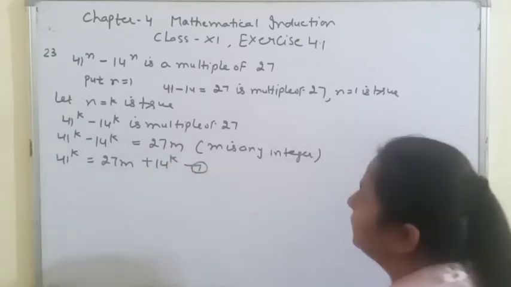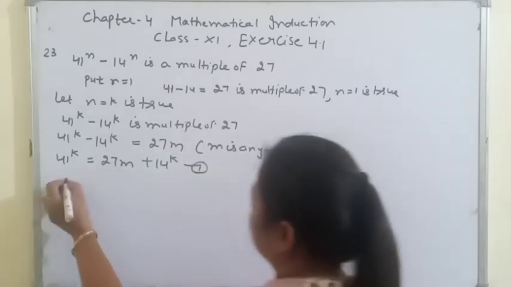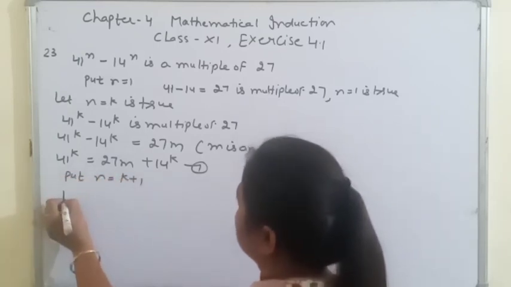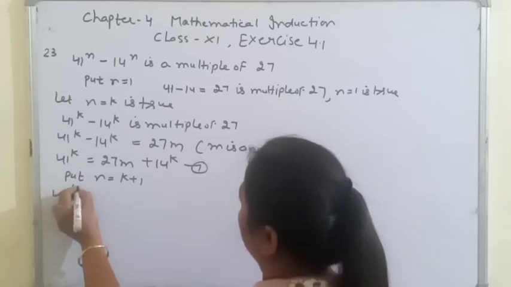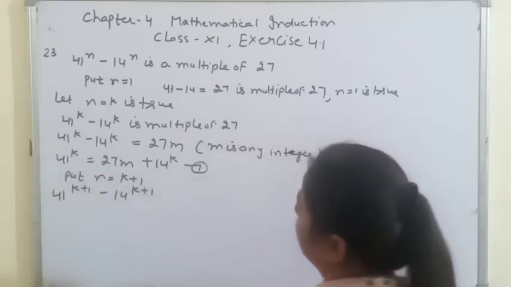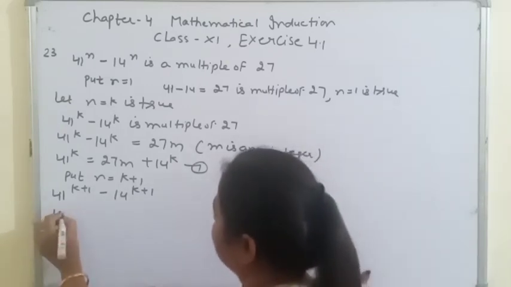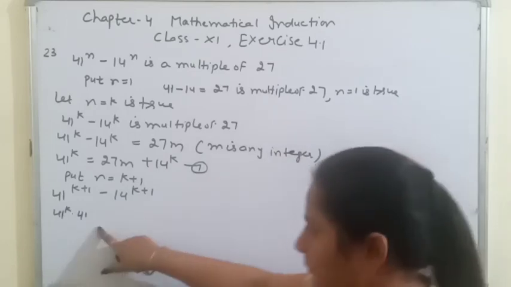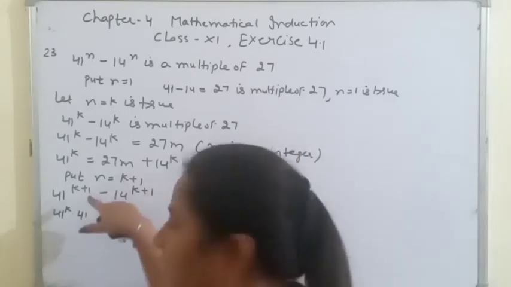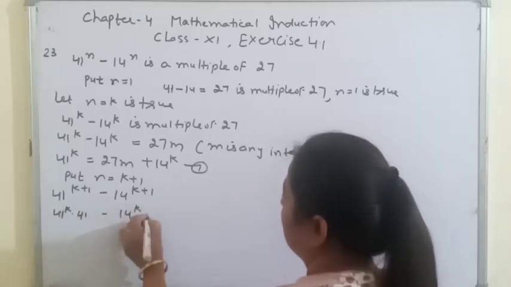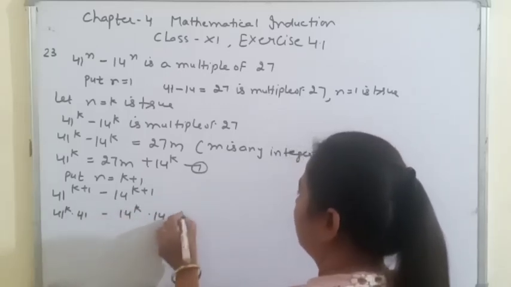This is the first equation. Now put it for k plus 1: 41 power k plus 1 minus 14 power k plus 1. We can write it as 41 power k into 41, because the bases are the same, so when we add the powers, we get the previous expression, minus 14 power k into 14.